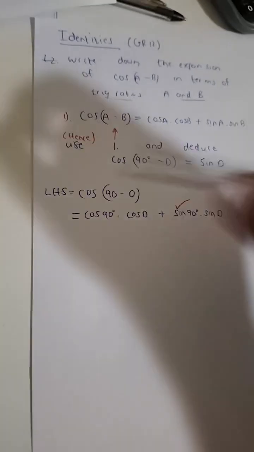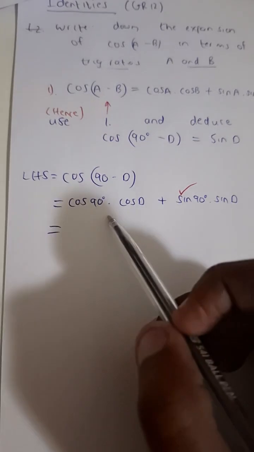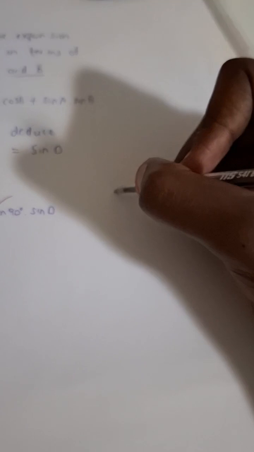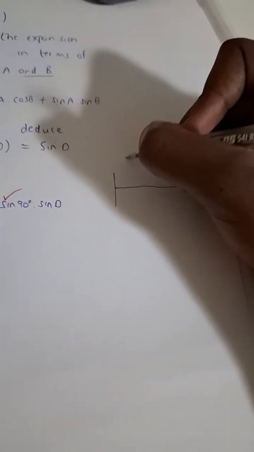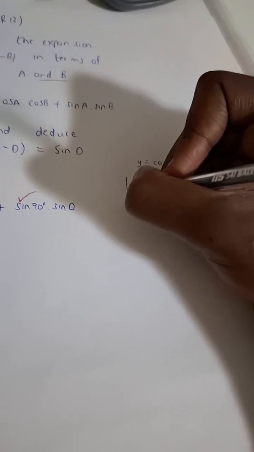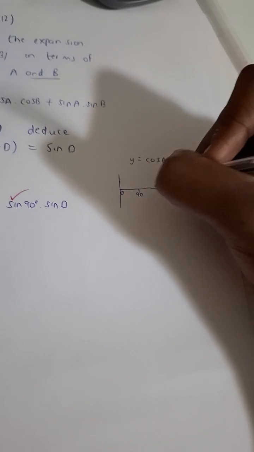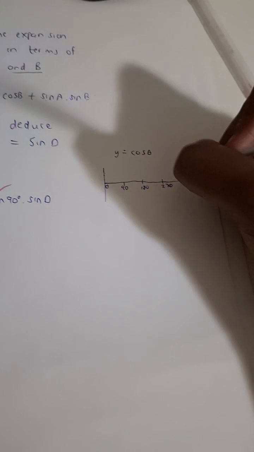Second to that, I'm going to follow that up. What's cos 90, guys? Because cos 90 is a special angle, you know. And very quickly, I know a calculator you can use, but I just want to remind you of something, that there's a mother graph of cos theta where we know cos of 0, for instance, cos of 90, cos of 180, cos of 270, cos of 360.